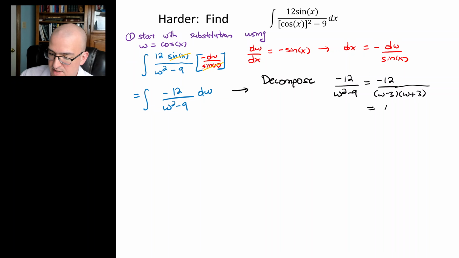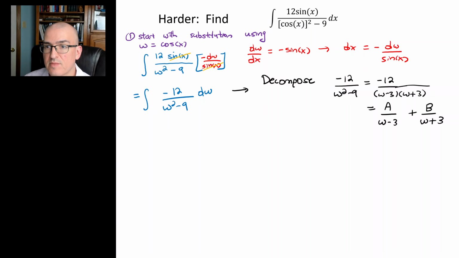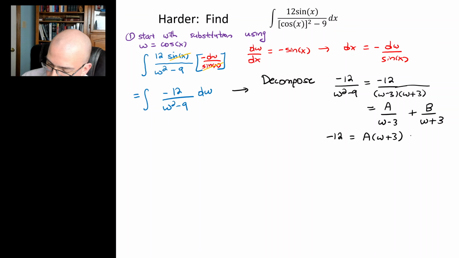That's going to be written as an unknown constant a over w minus 3 plus an unknown constant b over w plus 3. Now we have to find a and b. So I'll do the common denominator thing, multiply both sides by w minus 3 and by w plus 3, cancel, and we get negative 12 is equal to a times w plus 3 plus b times w minus 3.